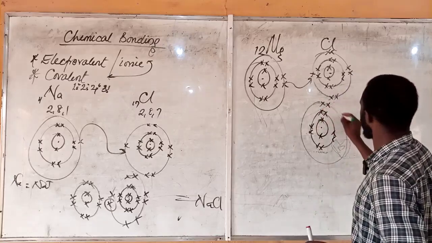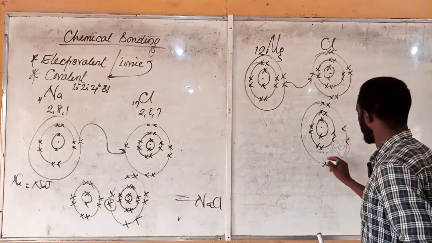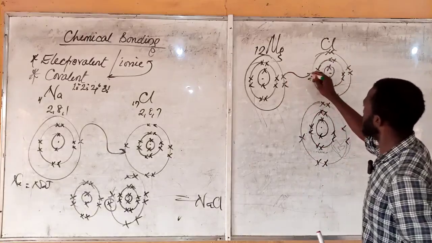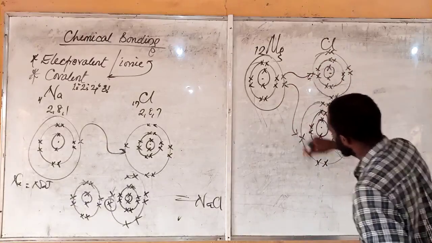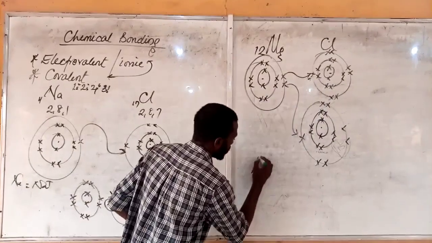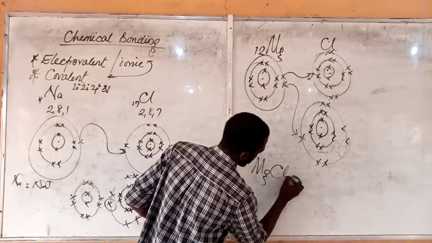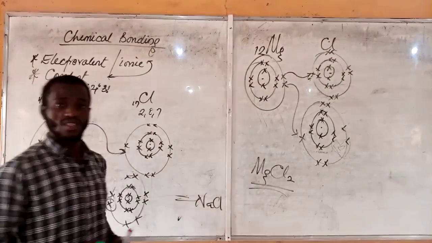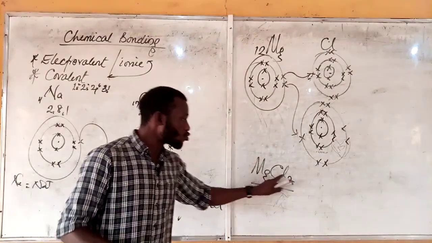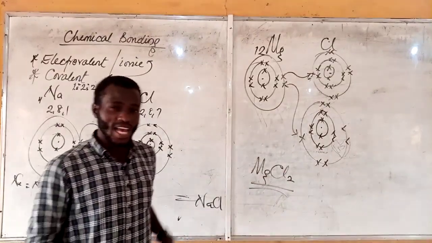Then the second one here. So it's going to donate this electron to this one and this electron to this one. That is why we end up with a molecule like this, MgCl2, meaning that 1 magnesium donated electrons to 2 chlorine atoms. I hope that is clear.